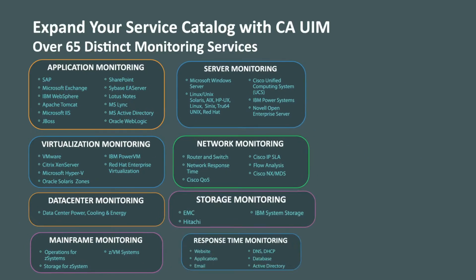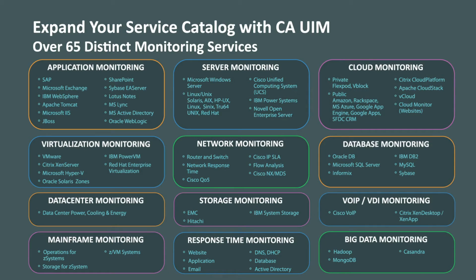CA UIM's broad technology coverage can manifest itself into a broad portfolio of managed monitoring service offerings. Shown here are the broad categories of monitoring services you can bring to market, and all are possible with CA UIM out-of-the-box capability. Many additional service offerings can be developed by combining capabilities.